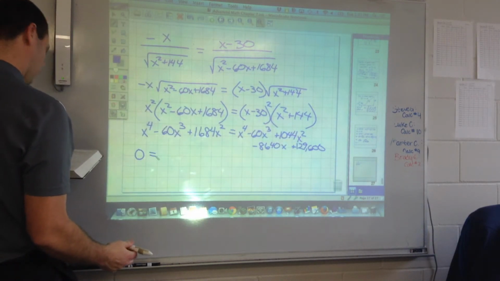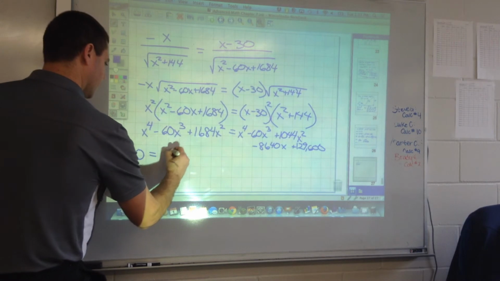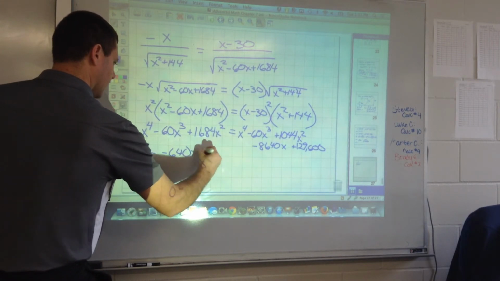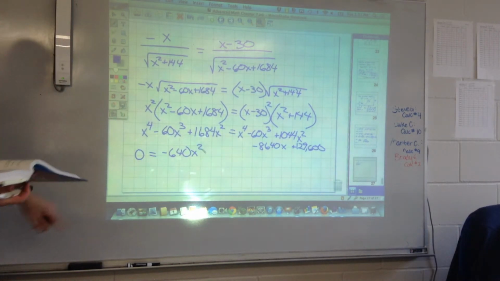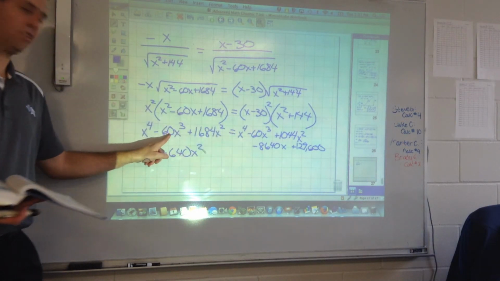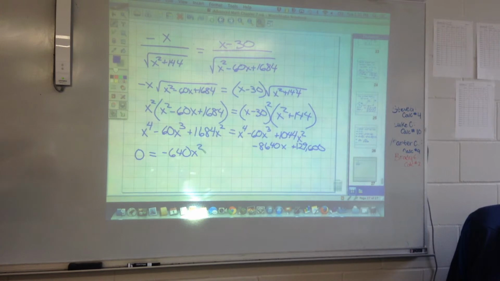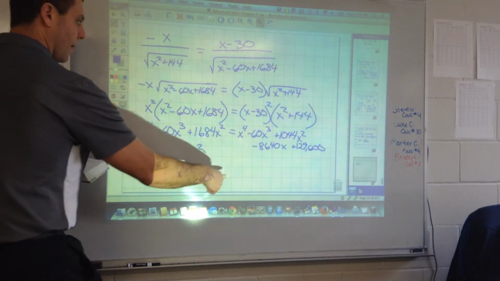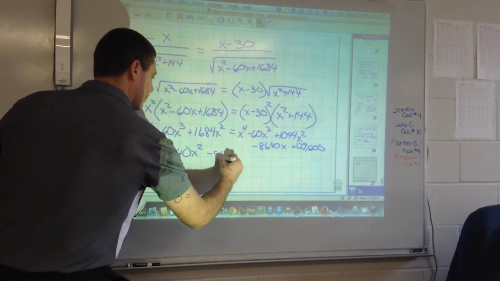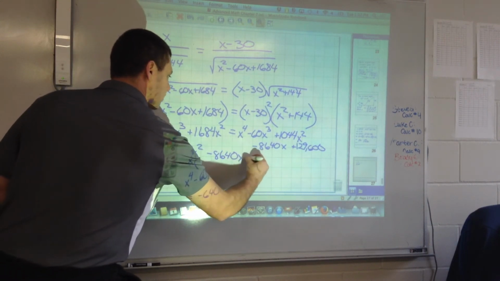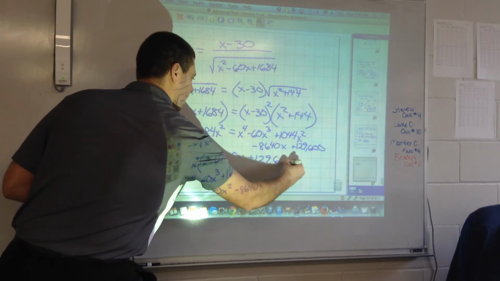These cancel if I add 60x cubed to both sides. Then I still have my negative 8640x plus 129,600.